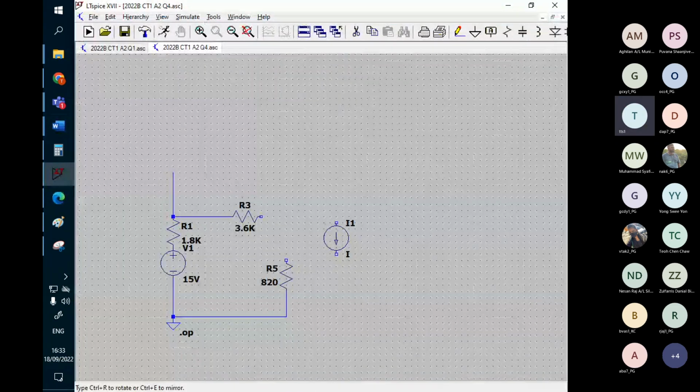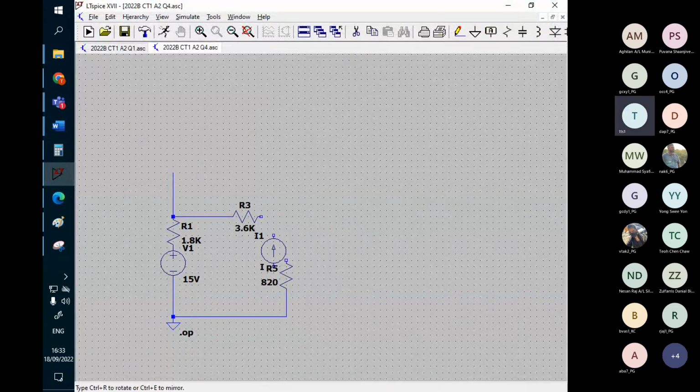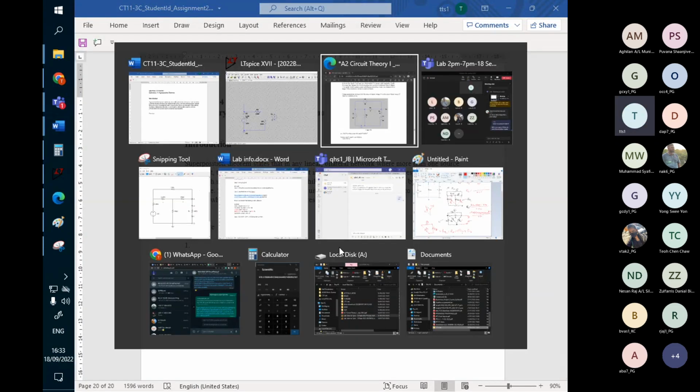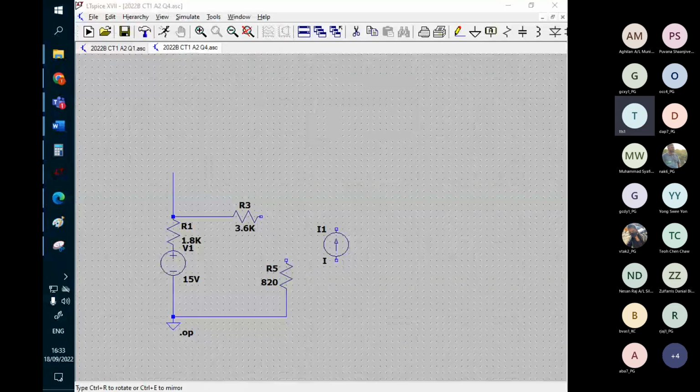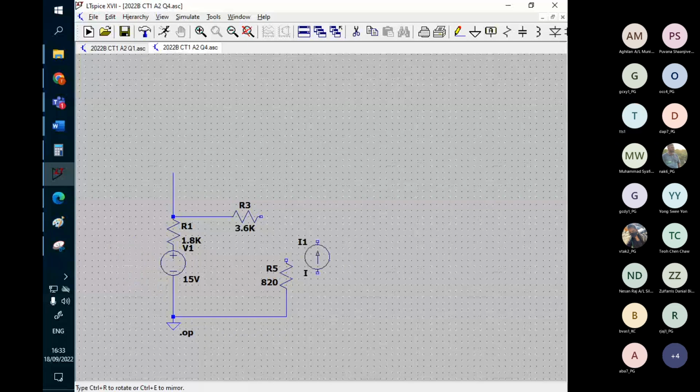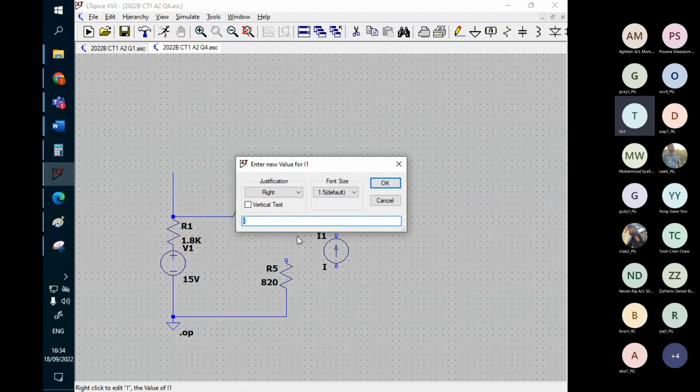Control R. So we're going to place it somewhere at this side. Never mind, we place it here. It's okay. Then adjust it. Enter the new value, 6 ampere.